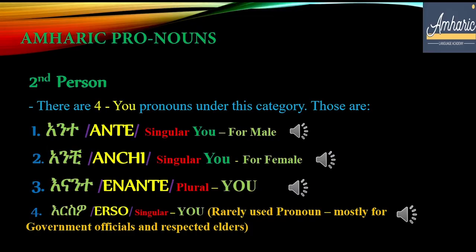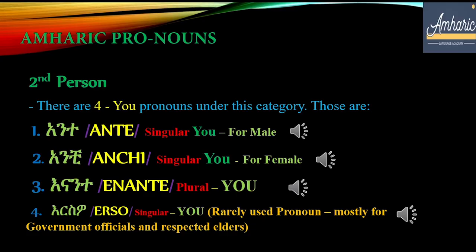As a second person, there is only you in English, but when we say you in Amharic, believe me, there are 4 pronouns: for male, for women, for plural, and a special one for respected persons. For male, anta is singular you.